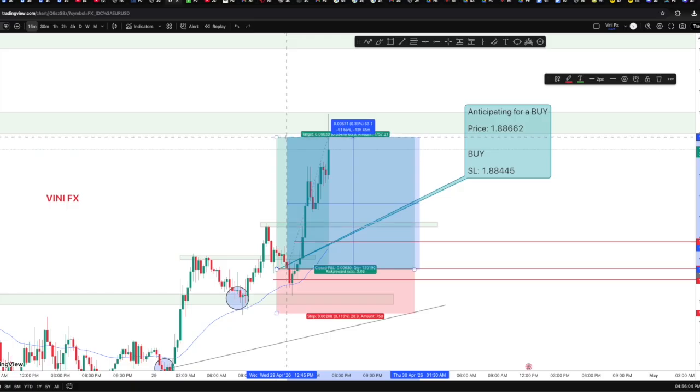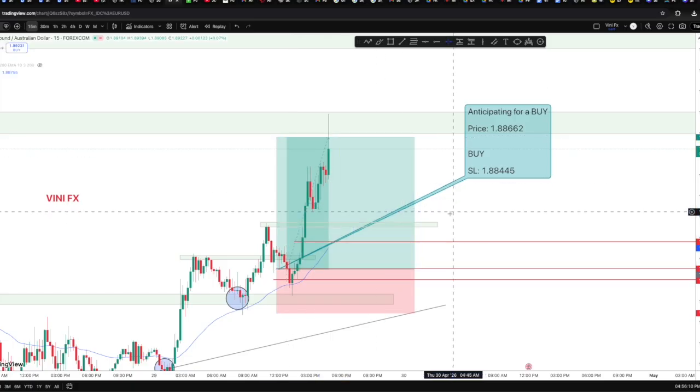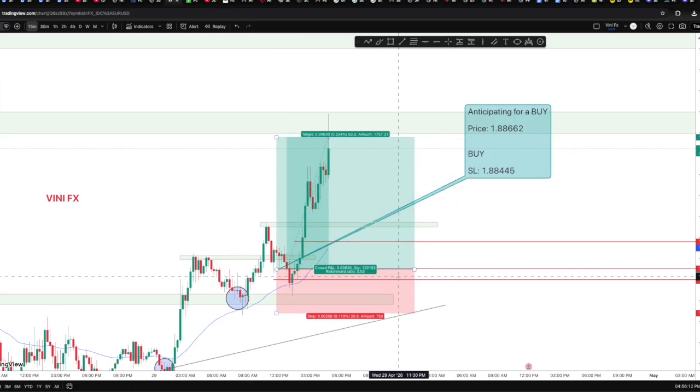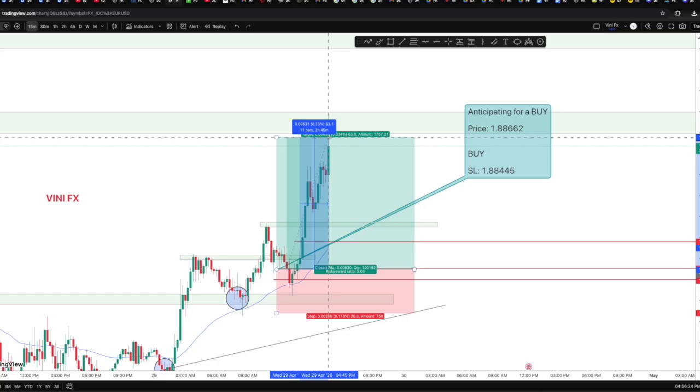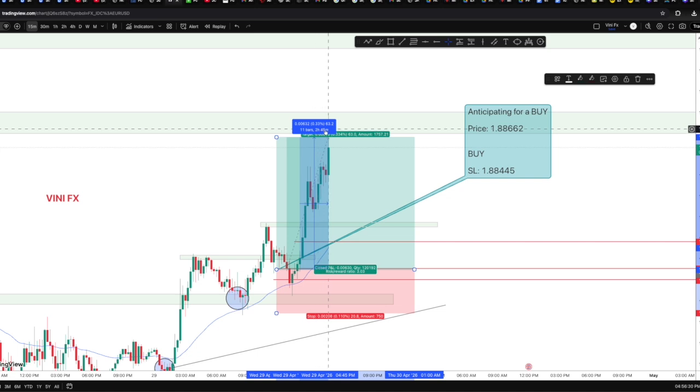It's saying 12 hours and 45 minutes. No, it's not up to that. This trade took less than that kind of time. Yeah, this is it. To complete this trade it took about 2 hours and 45 minutes. You can see it right here, 2 hours and 11 bars only.